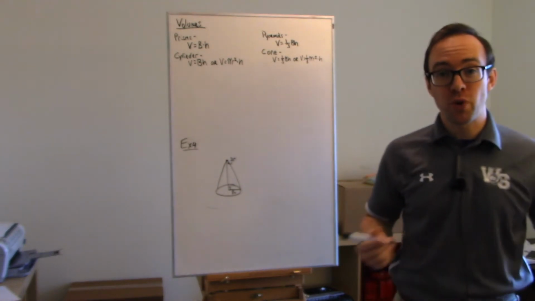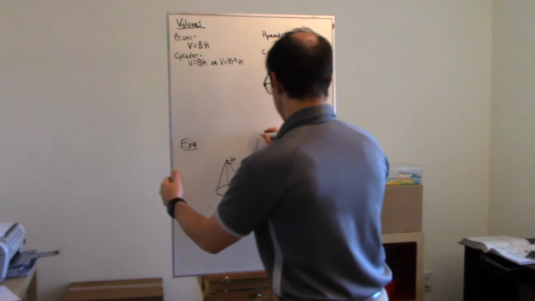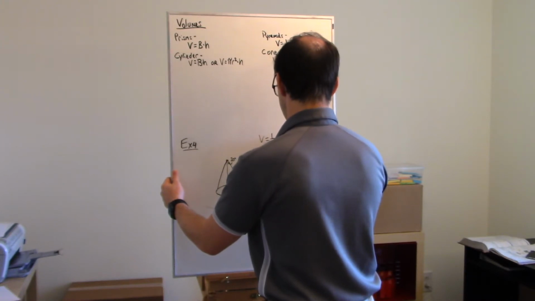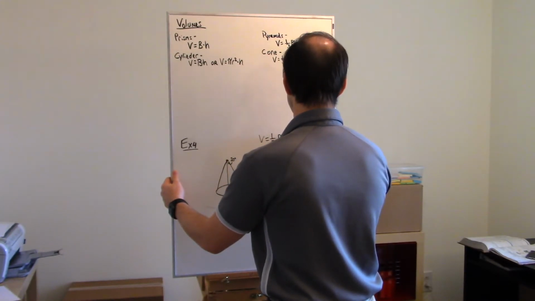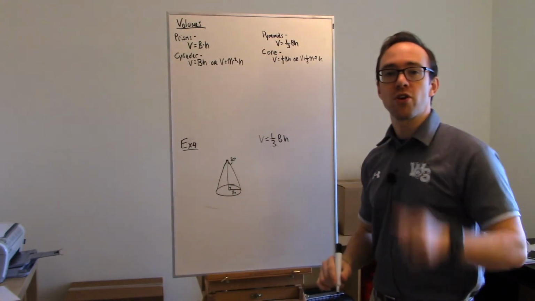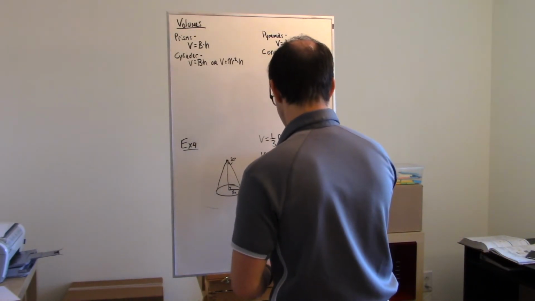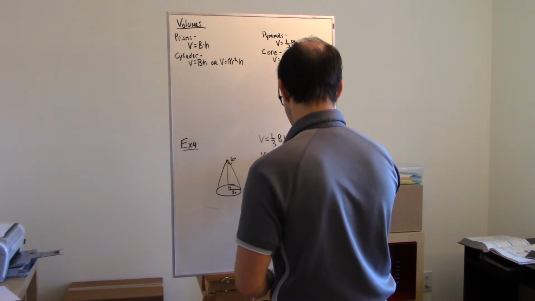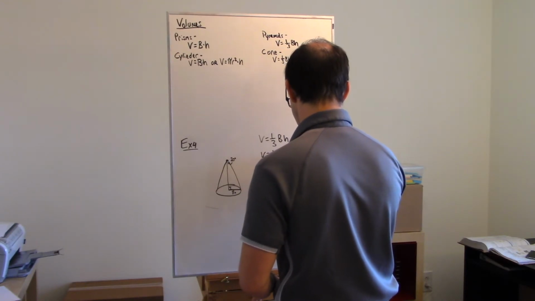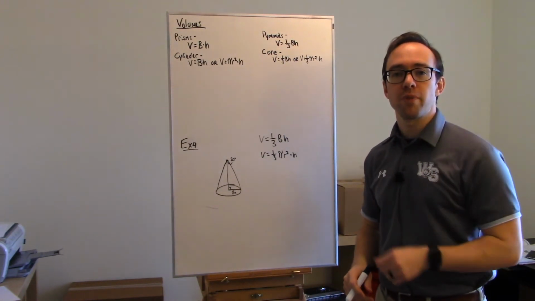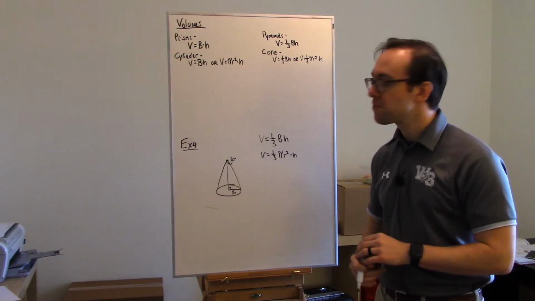With every cone question, you're going to use the formula one-third the area of the base times the height, or one-third pi r squared times the height.